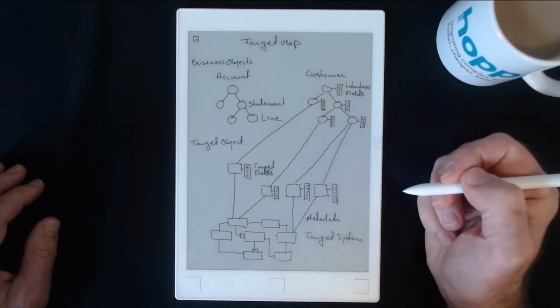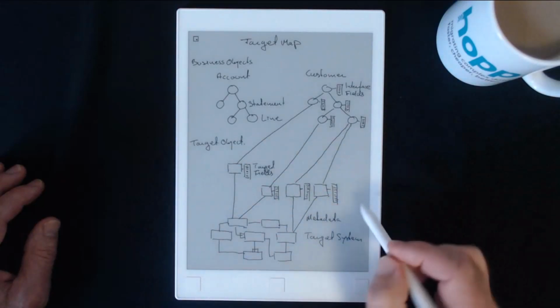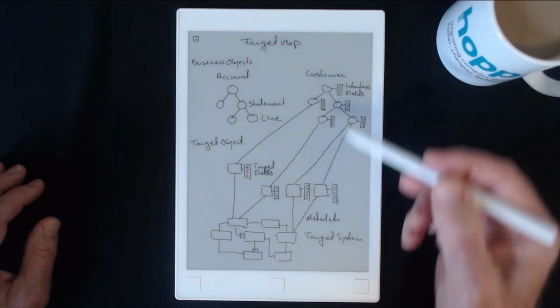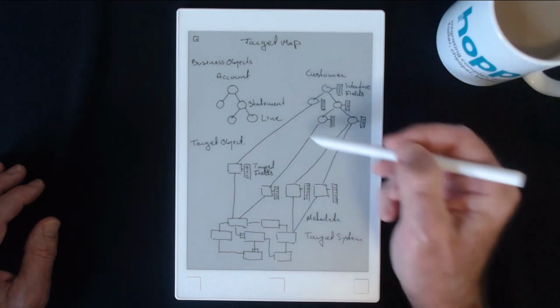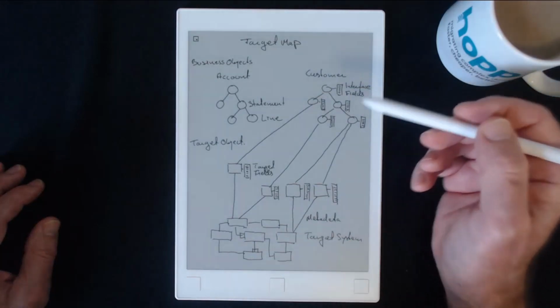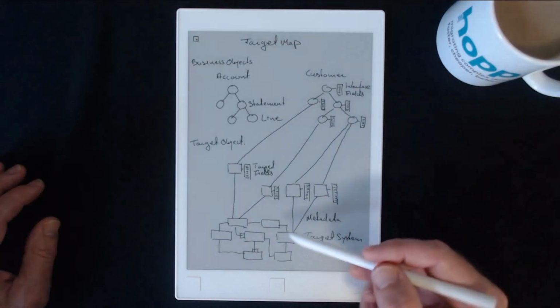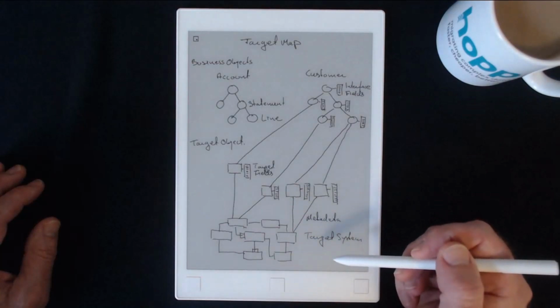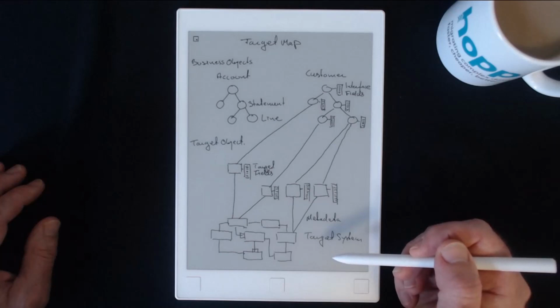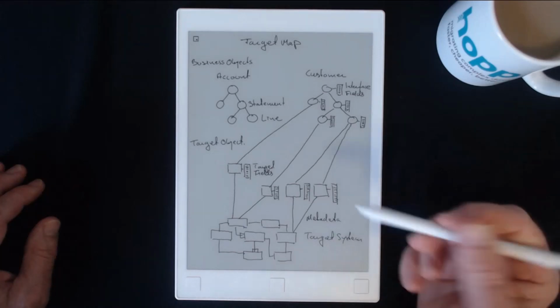That works as well. So with the target objects, we are creating a true many-to-many relation between the business objects that we are working on in the target map and the structures in the target system that we need to deliver data to. This is the MIGFX target map.